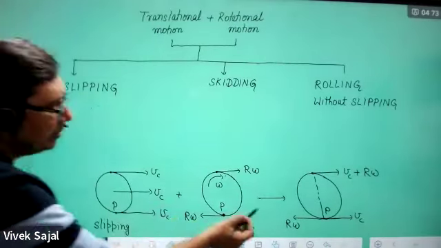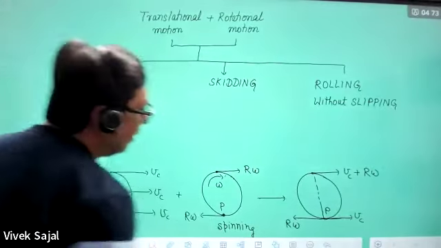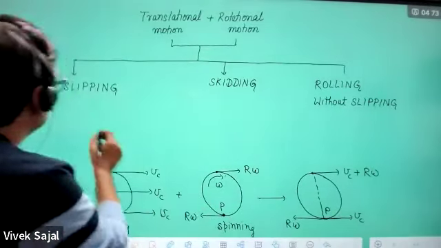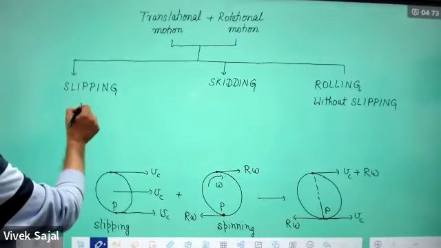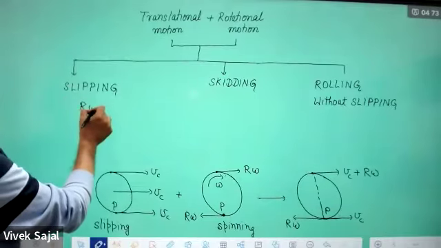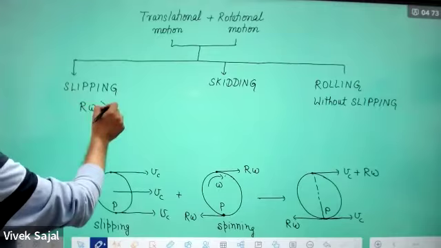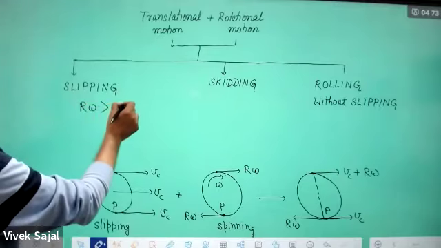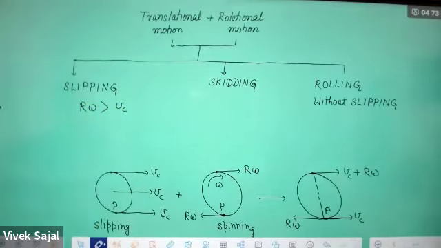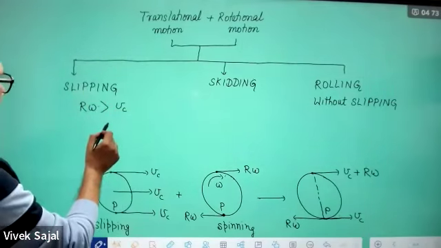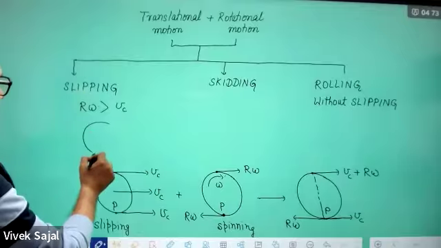So here, when is it going to happen? Try to understand, this slipping is going to take place when R omega is greater than VC. If R omega is greater than VC, then what will be the resultant here? You will have this type of motion.